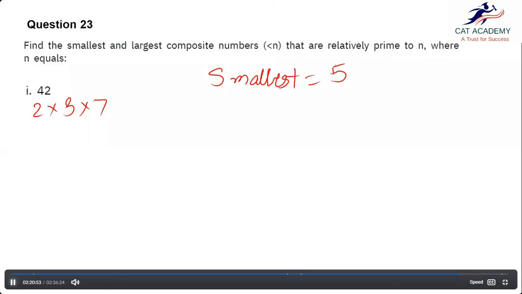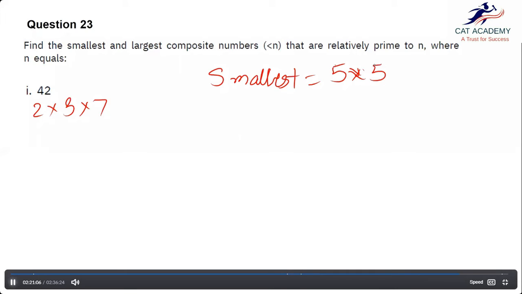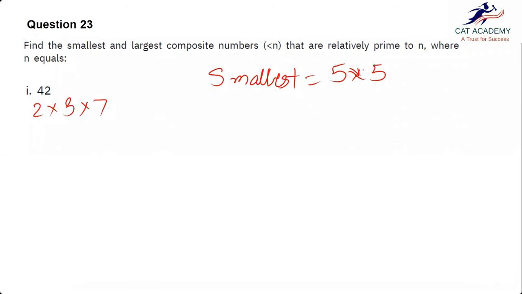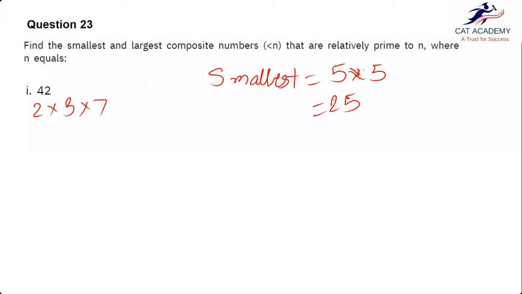They haven't said any restriction that you cannot take 5 twice. So let me take 5 again. So if I take 5 again, it will be 5 into 5, that's 25. That would be my smallest possible composite relatively prime number.